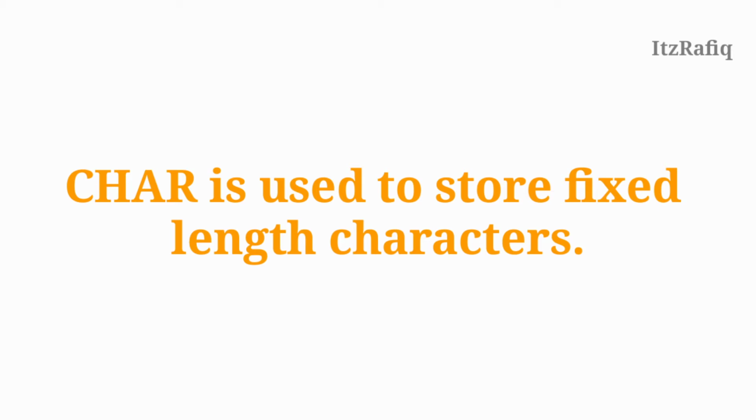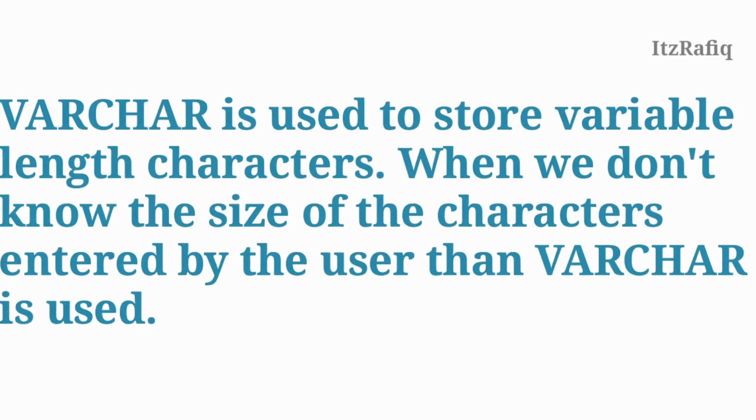Then if I write the name as Priya, P-R-I-Y-A, here I have 5 characters, but it still consumes 10 characters because the characters are fixed length. If the name field contains 10 characters and it has just 5, then it will just waste 5 spaces.